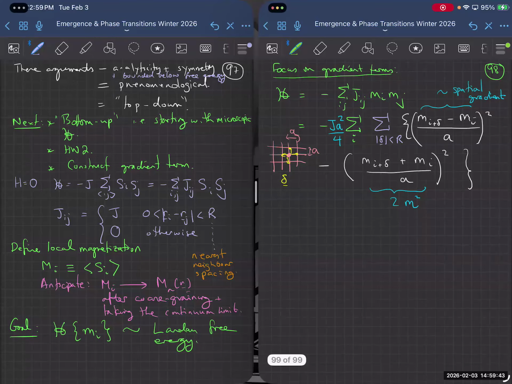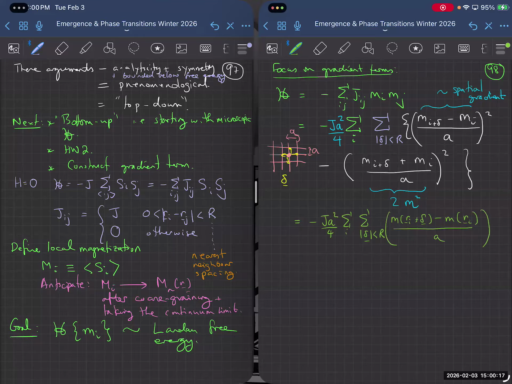I'm going to write this whole thing now as minus J a squared over 4, the sum over i, the sum over delta less than R, and then m of r_i plus delta minus m of r_i over a, squared, plus a term which is of order m squared, so I don't care about that.